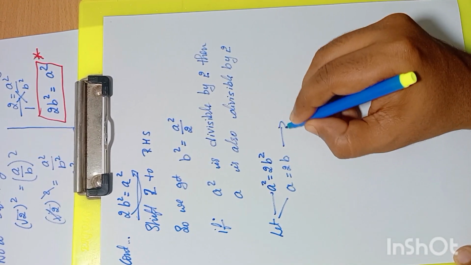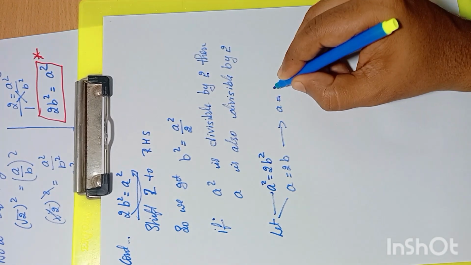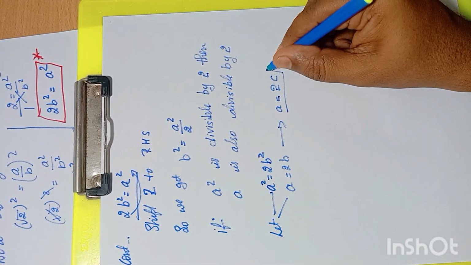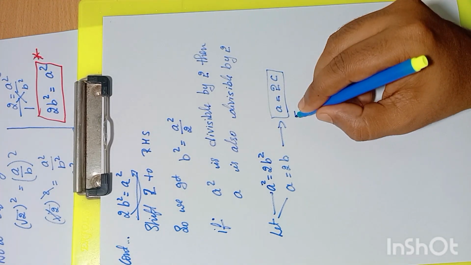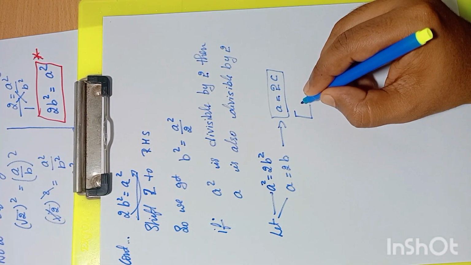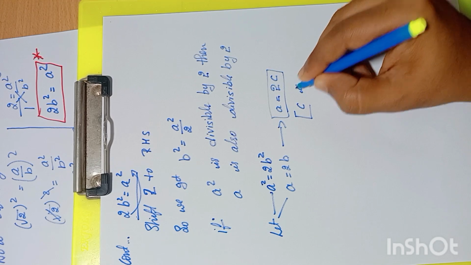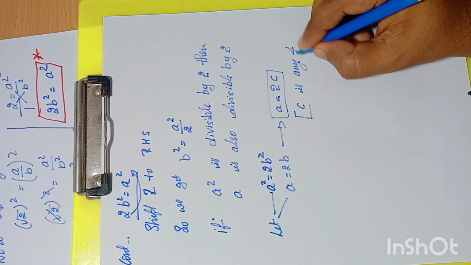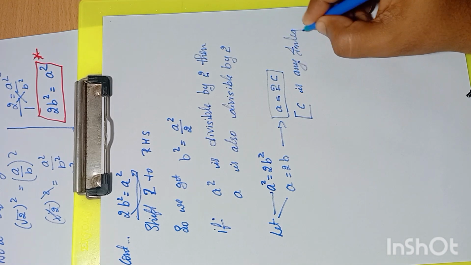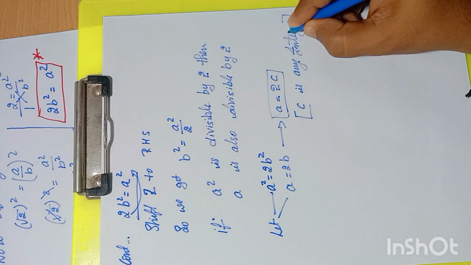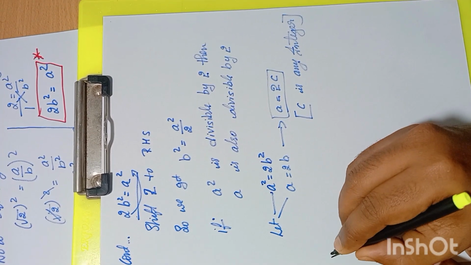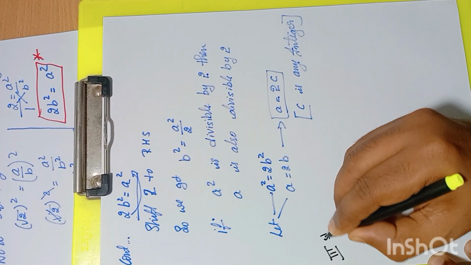Already we know that, as I have marked in the red sketch that we have taken here as a reciprocal of that one. a is equal to 2b, so instead of b taking c, we can write a is equal to 2c. Here c is any integer.